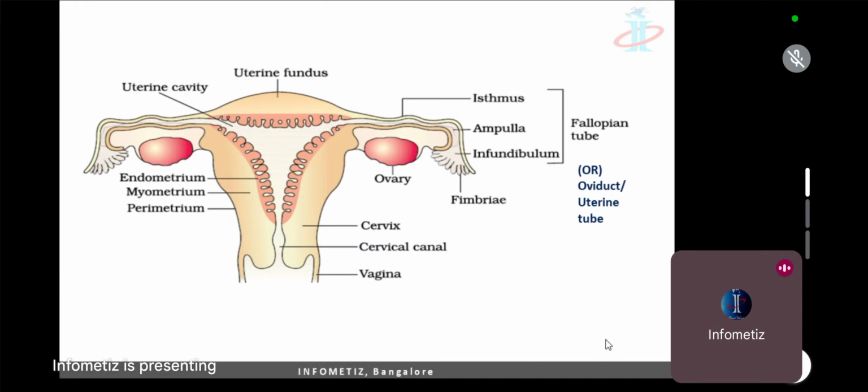Whenever I want to remove any organ, I add the organ name and then the suffix ectomy. Larynx removal, laryngectomy. Trachea removal, tracheectomy. Kidney removal, nephrectomy. Liver removal, hepatectomy. So fallopian tube removal, salpingectomy.